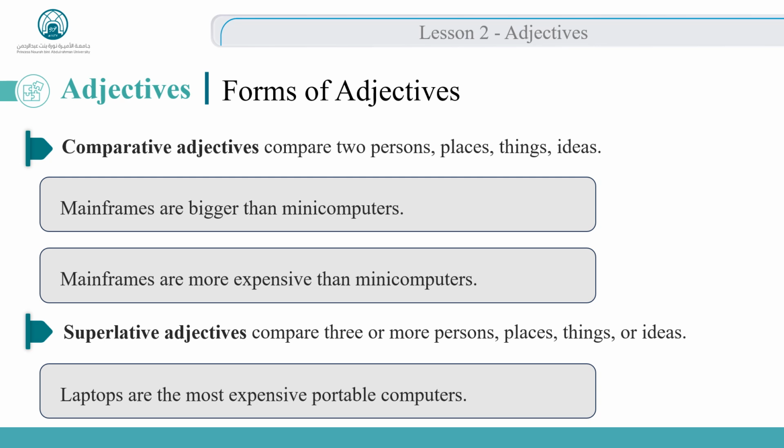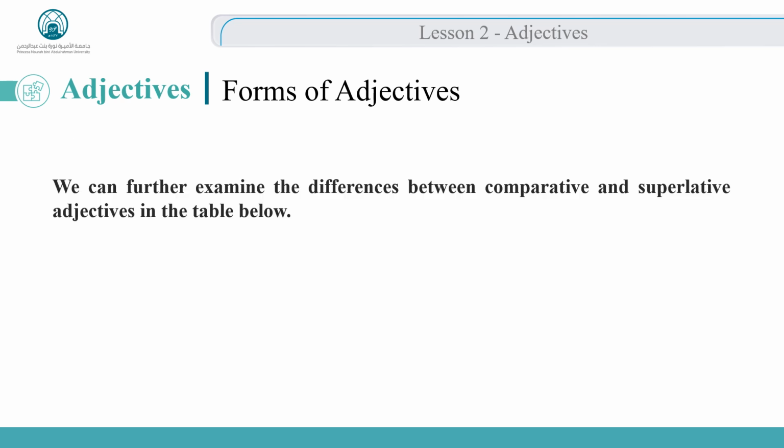Here, I used "the most" before "expensive." We'll come to this later on, as I told you. We will know more about the differences between comparative and superlative adjectives in the table below.